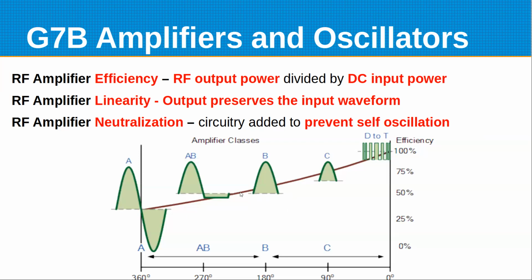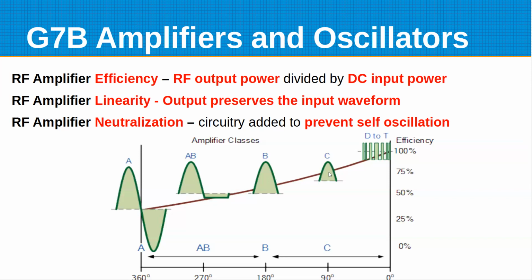You have what's called crossover distortion, where you go from one half cycle to the other half cycle, they don't quite match up, so you get some distortion at that point. They came up with a modification called a class AB, where they actually have some overlap between the half cycles to try to compensate for that, but it's a little less efficient than a Class B.